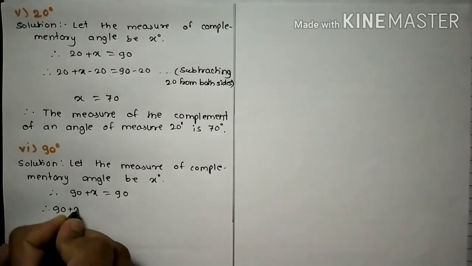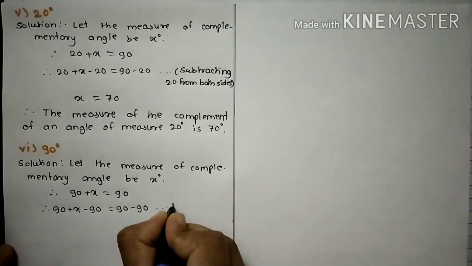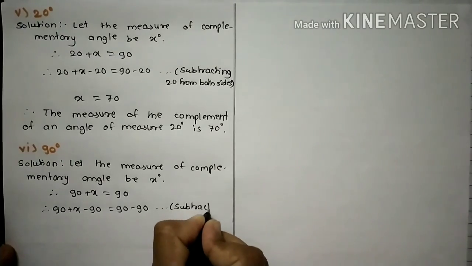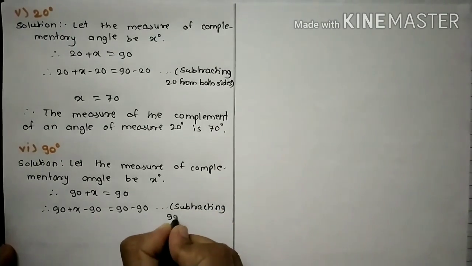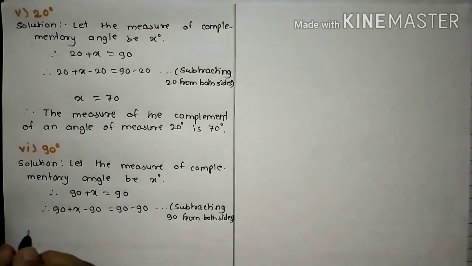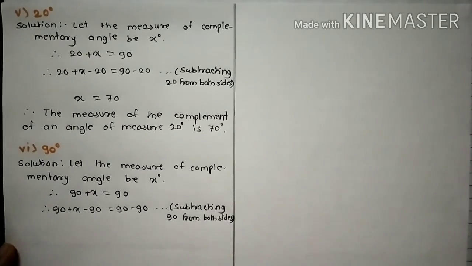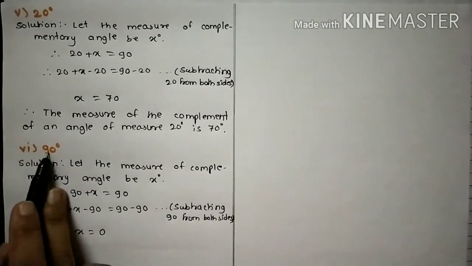Therefore 90 plus x minus 90 equal to 90 minus 90. Subtracting 90 from both sides. Okay, 90 minus 90 is 0. 0 plus x is x. Therefore x equal to 90 minus 90, which is 0. Therefore this is the complement of 90 degrees.